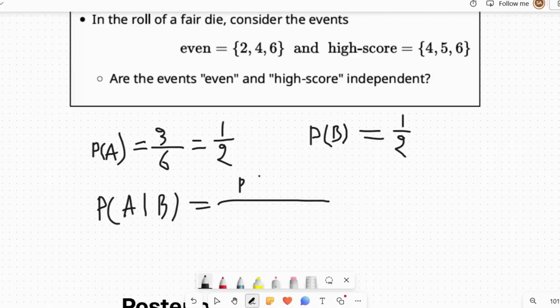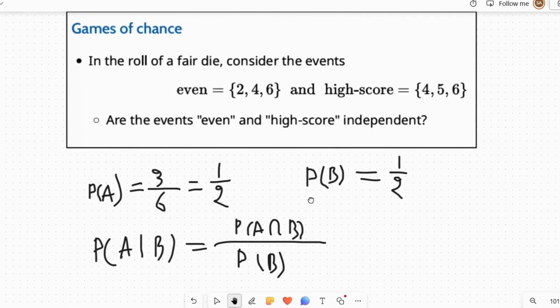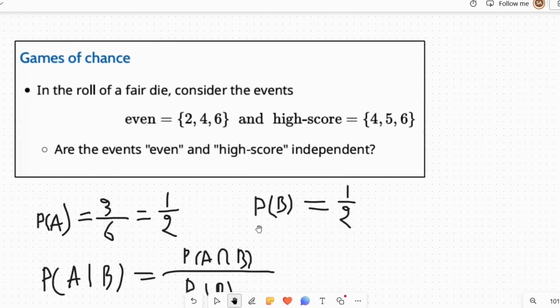Probability of A intersection B divided by probability of B. So A intersection B is here.